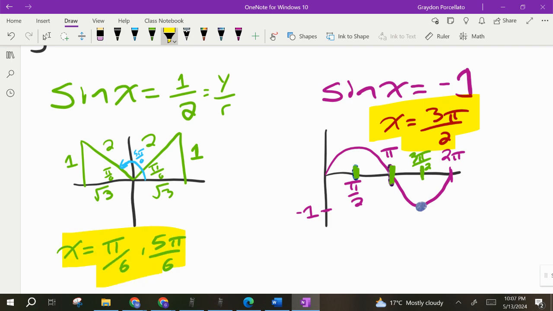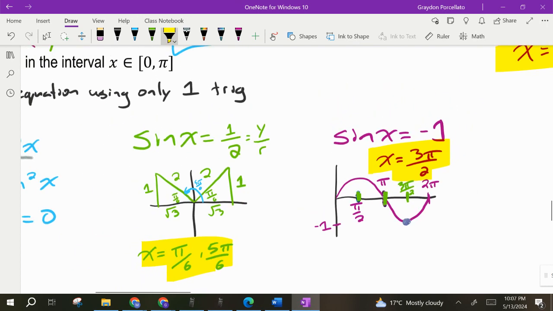Now, once we have our solutions, generally the question asks for your solutions between 0 and 2 pi, because that's one period. But I always want to refer back to my question and make sure: is that the interval they're looking between? Let's zoom out a little bit, and I see that the interval is asking between 0 and pi.